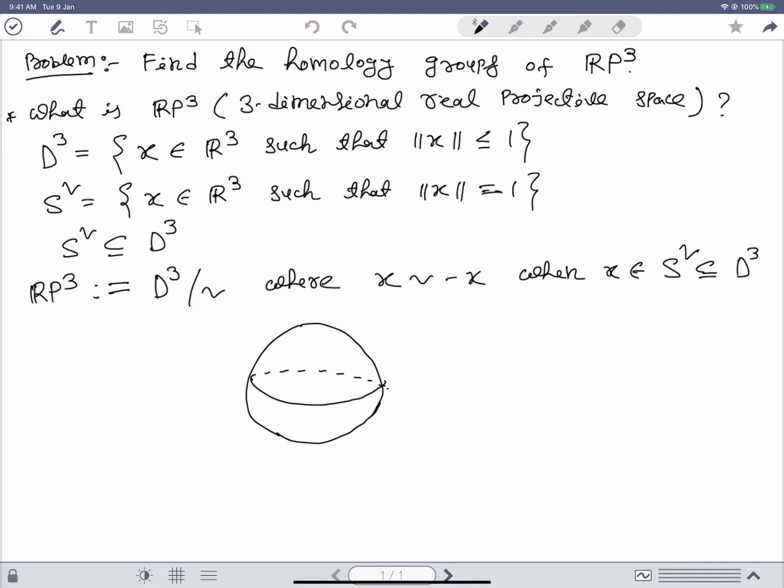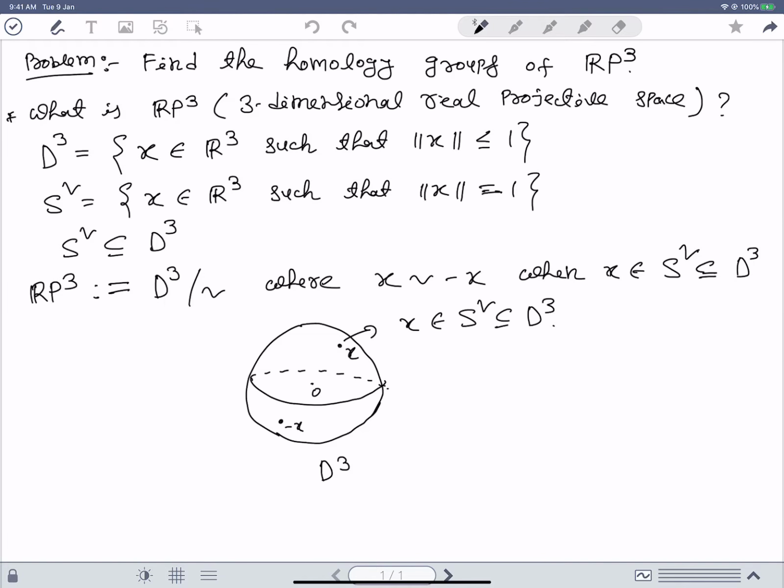This is a solid ball. Suppose you have D3. Then if you look at the surface of this D3, that is the boundary of D3, then this is my point 0. Suppose this is my x, then the reverse one in the back side will be minus x. Okay, so this x and minus x will be identified when x belongs to this S2, a subset of D3.